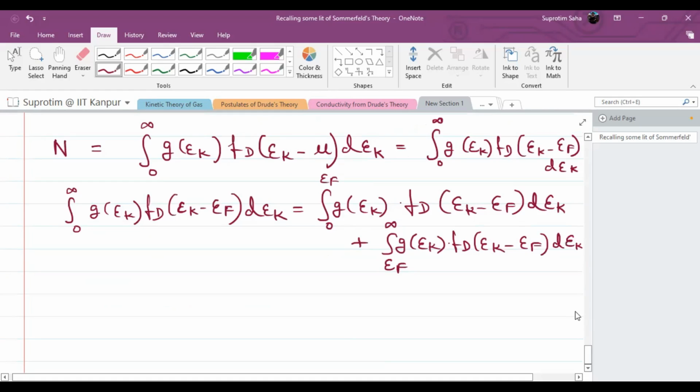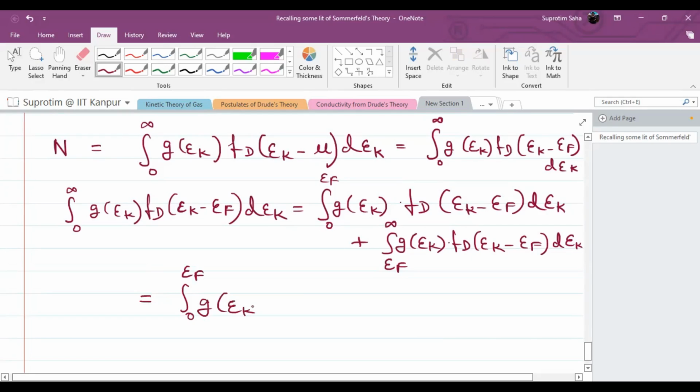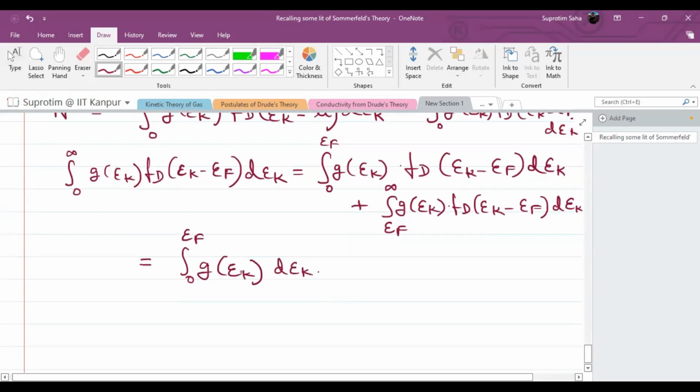All right. So the first term will survive. So only this is 0 to Ef of g of Ek, with Fd of Ek minus Ef being 1 up to Ef. So d of Ek. Of course this was per volume.